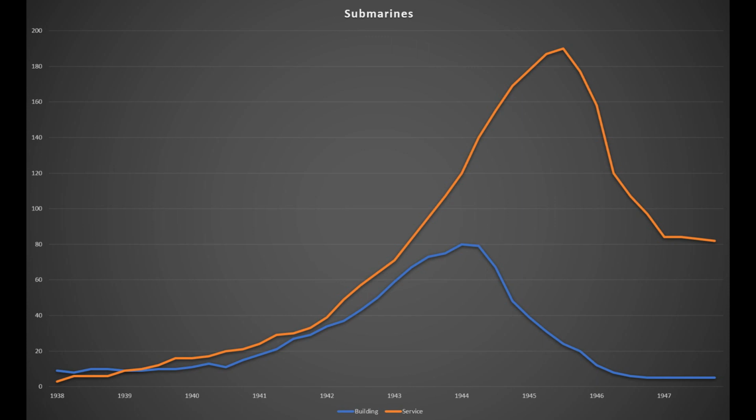But of the 3 graphs in this particular video that concern specific combat classes, as opposed to the general one we're going to come to in a second, submarines are the one where you can probably see the overall effect the most of enemy action.